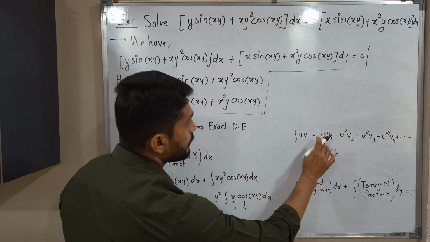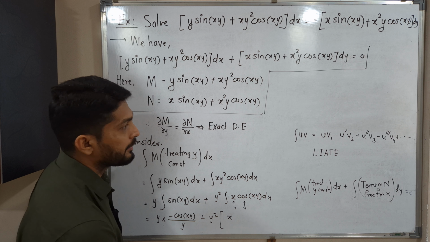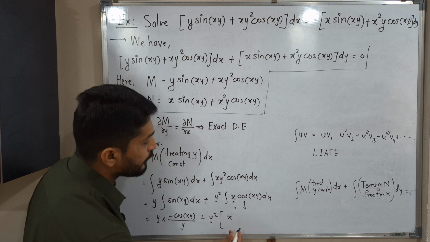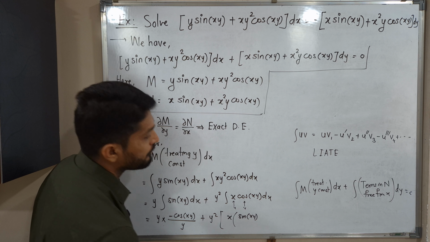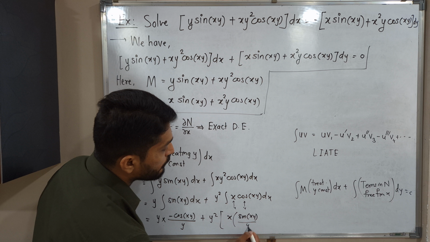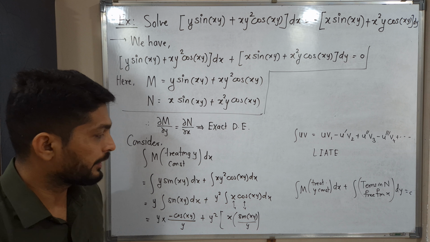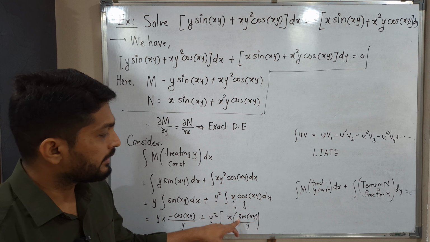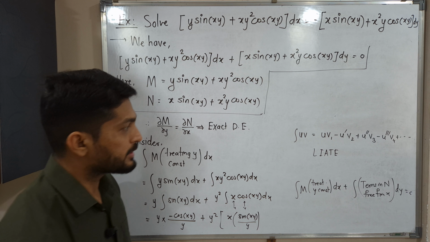You can see u as it is, x as it is. v1 is the integration of cos, and the integration of cos is sine. But y is a constant and we always write a constant in the denominator. I have already told you, integration of cos is sine, y is constant. So if you have any constant multiple, we write it in the denominator. Let us move further.